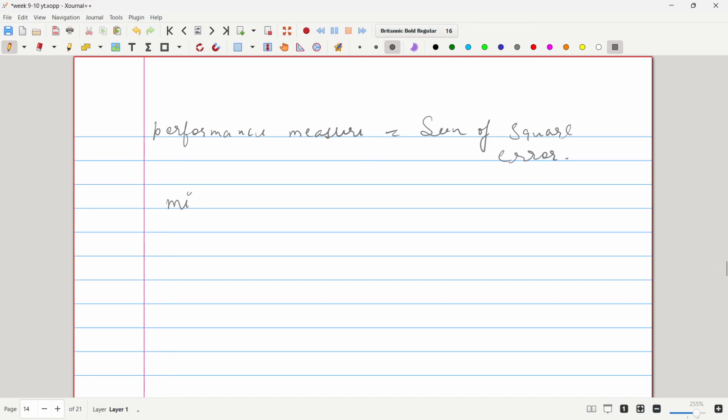So it is represented as the minimum over w belonging to R^d of the summation of i from 1 to n, (w transpose x_i minus y_i) whole square. Okay. This is the error of x_i made by w.